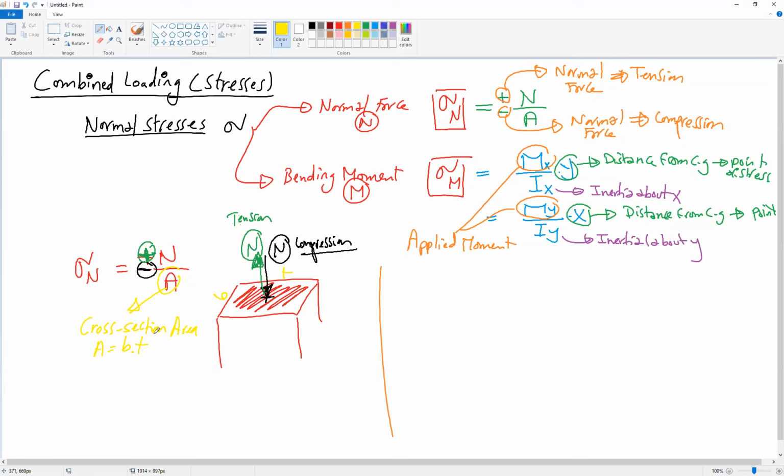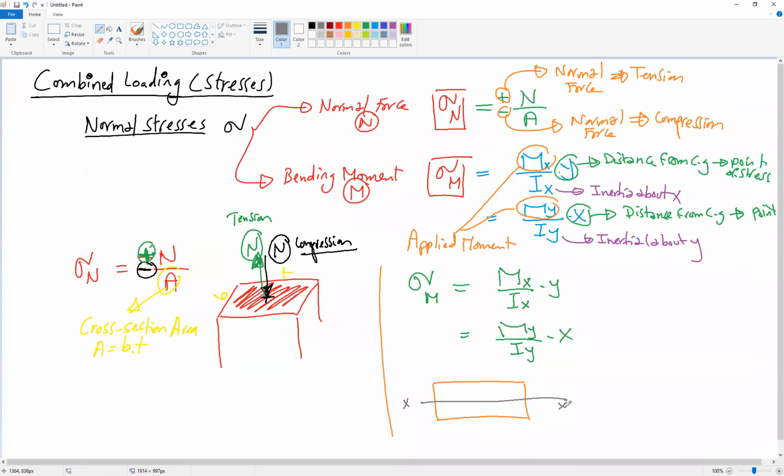Okay, for the moment we have sigma M again equal to Mx divided by Ix multiplied by Y, or My by Iy multiplied by X. If we have a moment, this is our cross section, and we have this X axis and this Y axis.